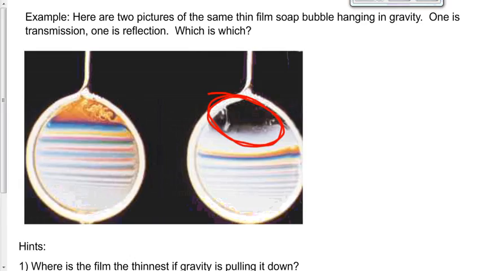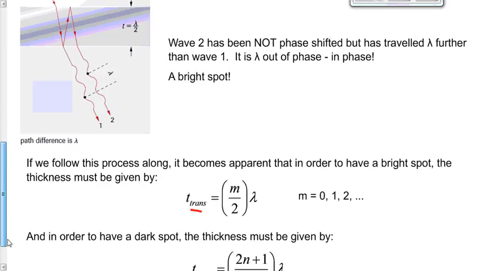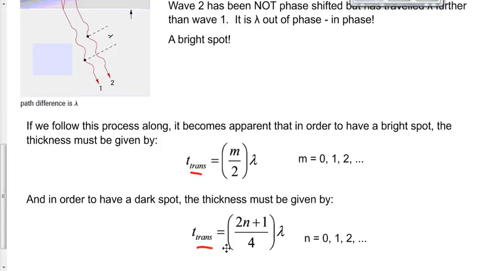If I look at the dark spot for transmission, are there any conditions I can put in here to get a dark spot for all wavelengths? Is there any sort of thickness or n I can put in and get 0?